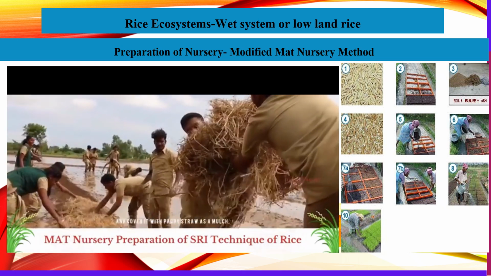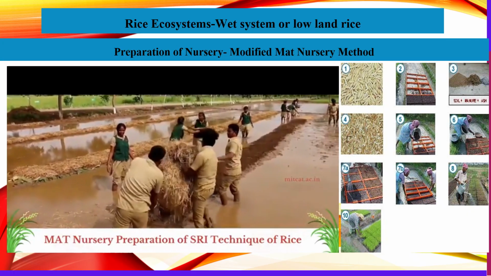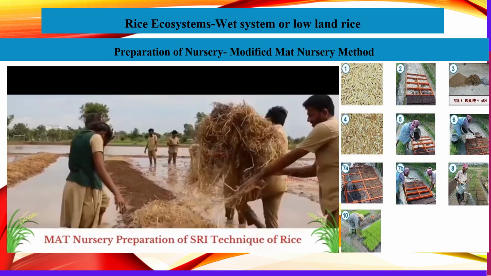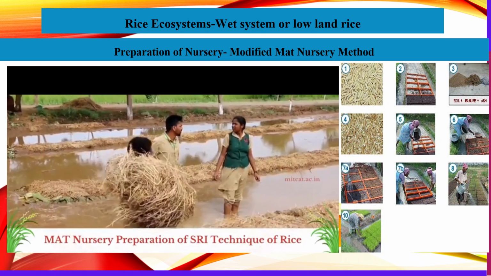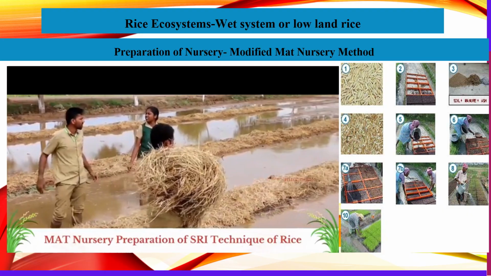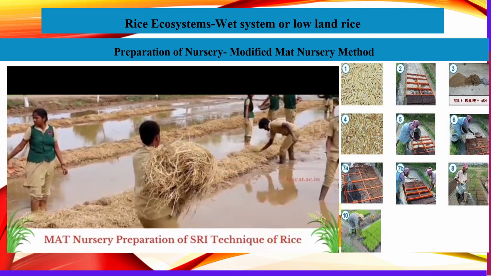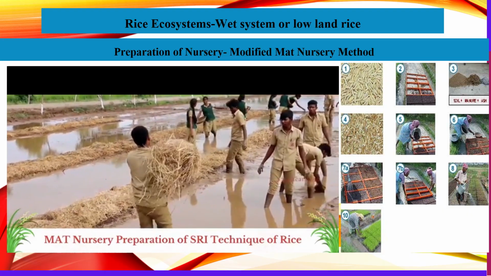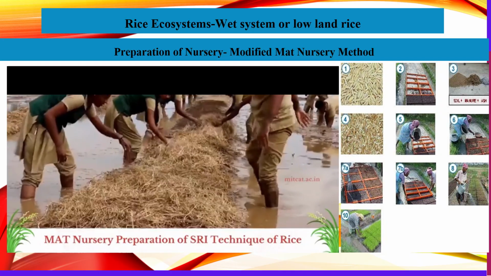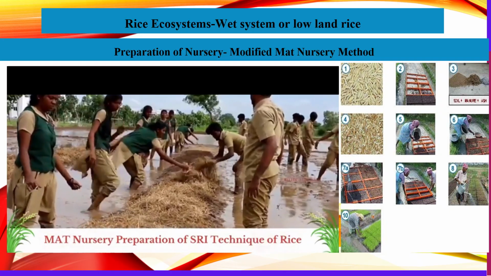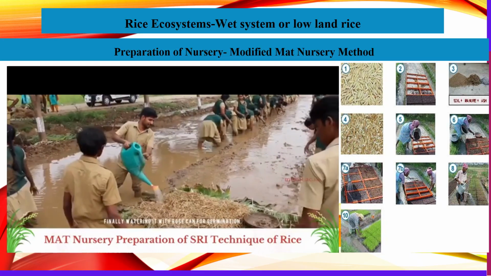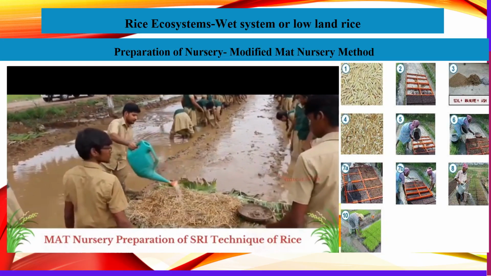Cover it with paddy straw as a mulch. Finally, water it with a rose can for germination.